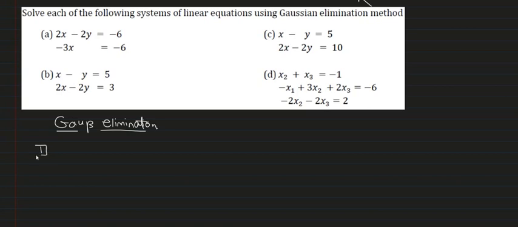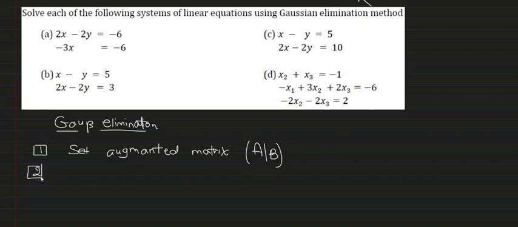In step number 1, we need to set what is called the augmented matrix. And the augmented matrix will look like this, A of B, like we will see. In step number 2, we need to use the elementary row operations. Why? To reach the echelon form.